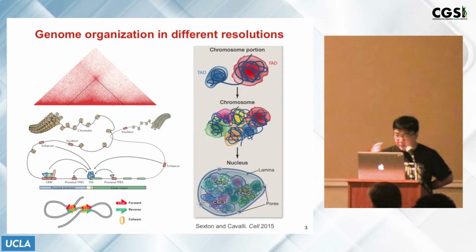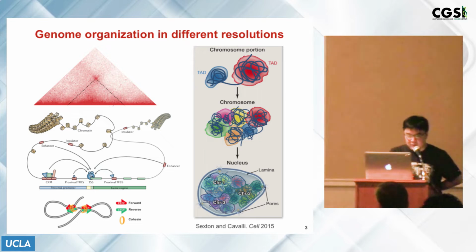So genome organization, if you look at it in different resolutions, yesterday Frodem gave a great talk on studying topologically associating domains, a structure that can be observed by looking at these Hi-C contact matrices. But at the highest resolution, you'll be able to see these so-called chromatin loops, and there are several different types. In general, there are 2 types of loops that have obtained the most interest and attention.